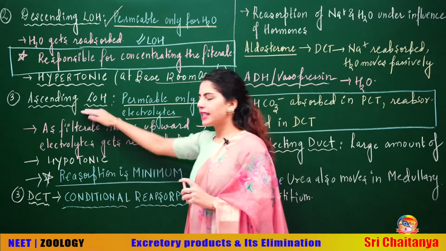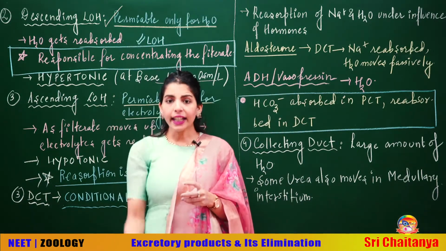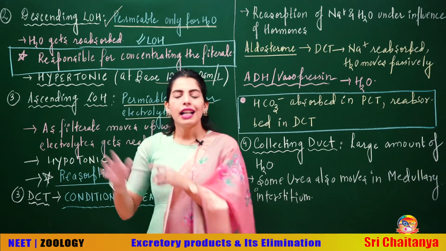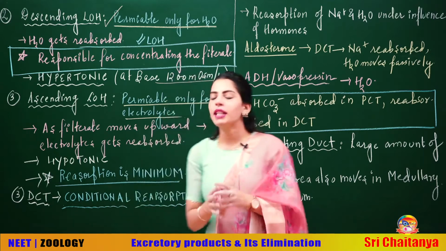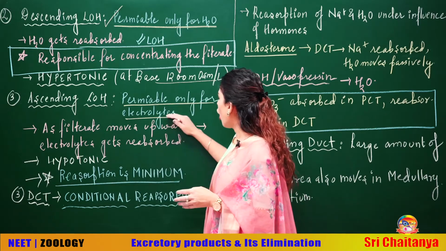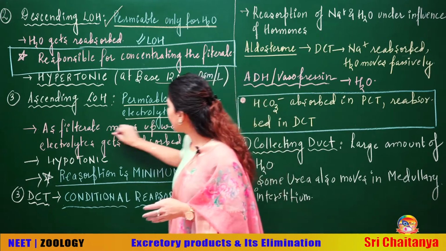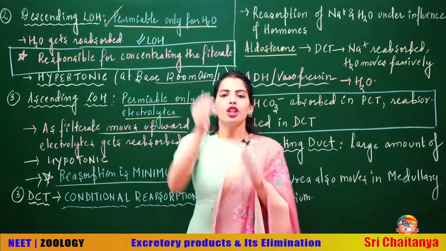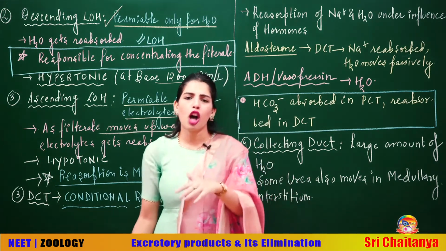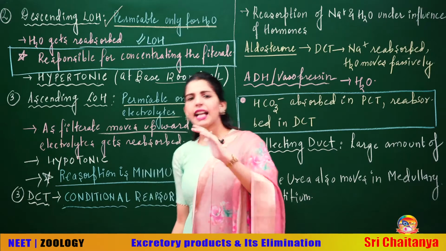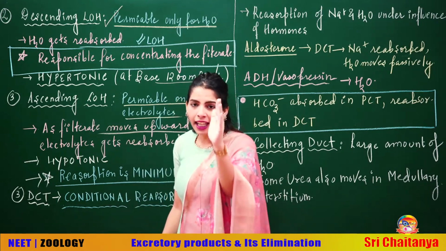Now talking about the ascending loop of Henle, exactly opposite to descending. Descending was permeable only for water, least permeable for electrolytes. The ascending loop of Henle is permeable only for electrolytes, and as the filtrate is moving in the upward direction, you are reabsorbing the electrolytes. Electrolytes may get absorbed actively as well as passively because the ascending loop of Henle has two parts, the thin and the thick.